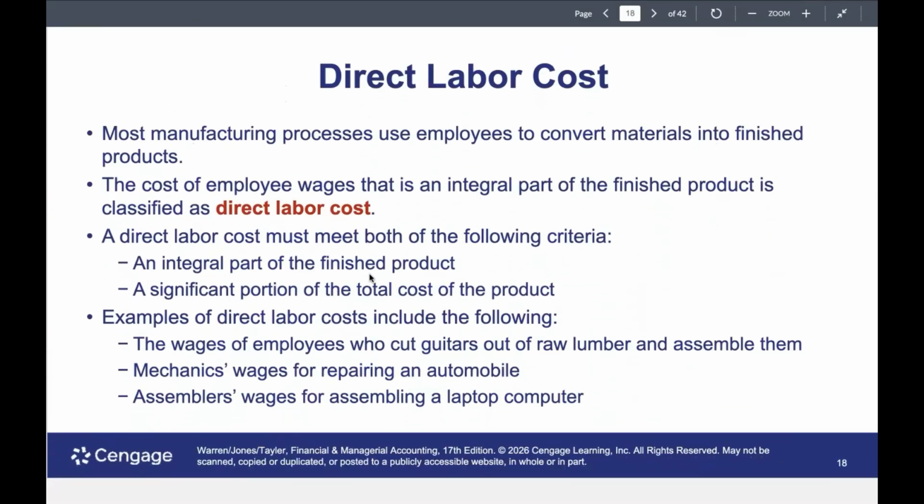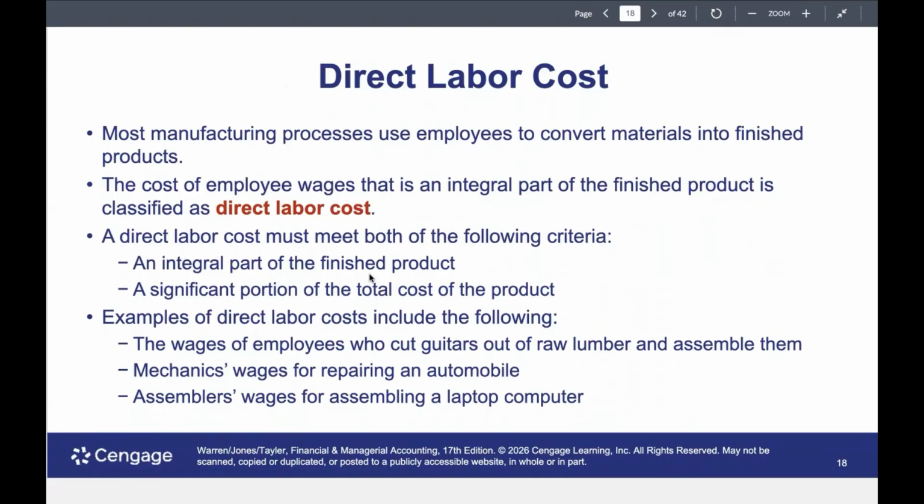Direct labor costs. Remember, it's three: direct material, direct labor, manufacturing overhead. So direct labor is where most manufacturing processes use employees to convert material into finished products. So these are the people that are actually working with that material to produce your actual finished goods, okay?